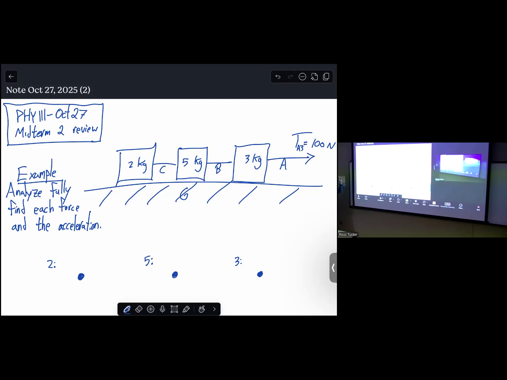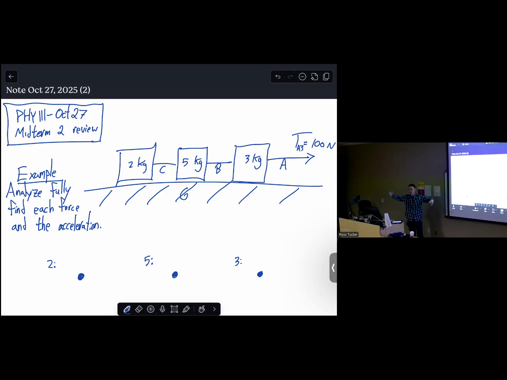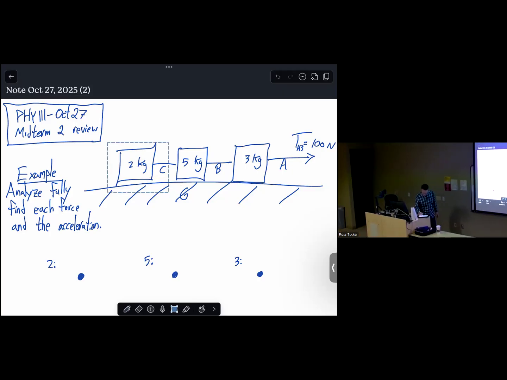So what object should you always include in any problem that doesn't specifically state that? Earth, E. Now we draw a little box around the object. And we identify if it passes through the dotted line, what can we do? Include a force.